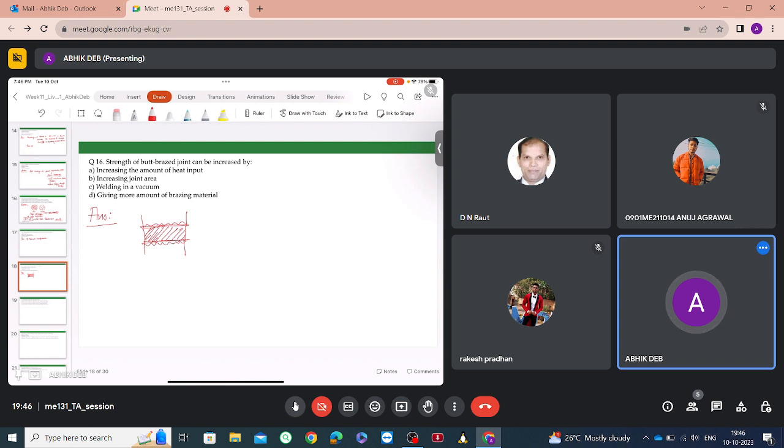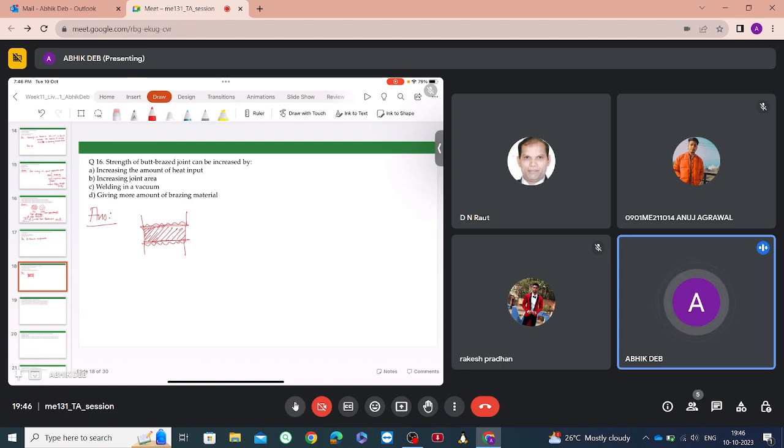Suppose one is aluminum and one is iron. Iron and aluminum differ in their melting points by around 800 degrees, so it will be difficult, as one will be overmelted and one will be less melted. In that case, if we place another material in between that can fuse with both materials properly, then the joint can be made.